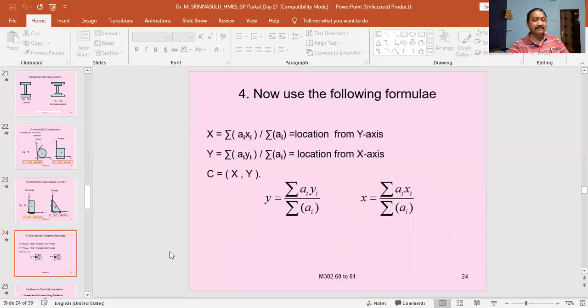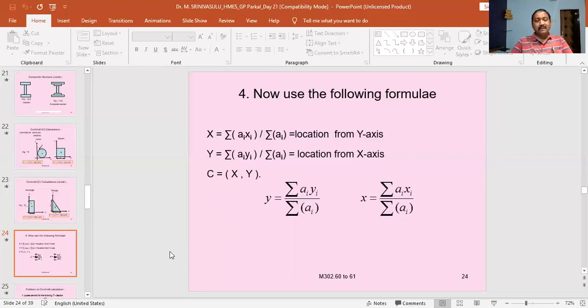So always the x coordinate means the location from the reference y-axis. We have taken the left edge as the y-axis and the bottom edge as the x-axis. So the x coordinate means the distance from the left edge, and that is equal to sigma ai xi by sigma ai.